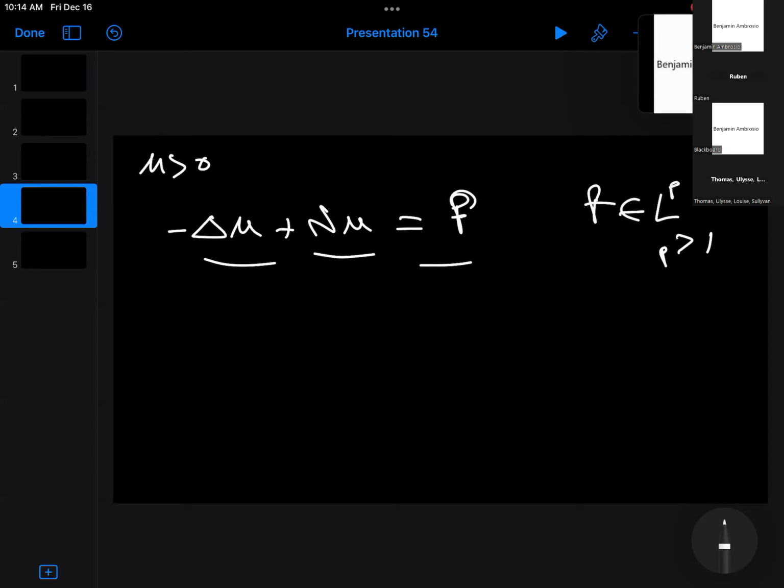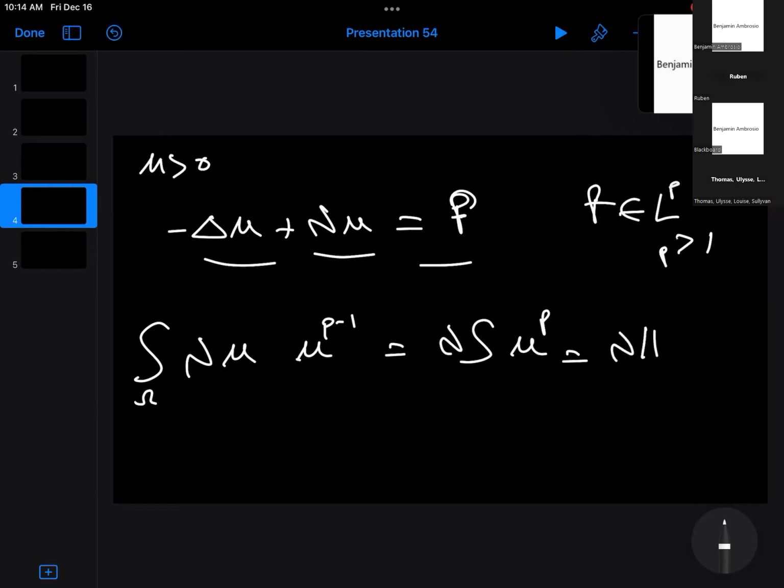So let's start with lambda U. If I multiply lambda U by U to the P minus 1, because I assume that U is positive, and I integrate, I just get lambda integral of U^P, which is lambda times the norm of U in LP to the power P. Okay, so if you multiply that by the norm of U in LP to the power 2 minus P, you will get the same here.